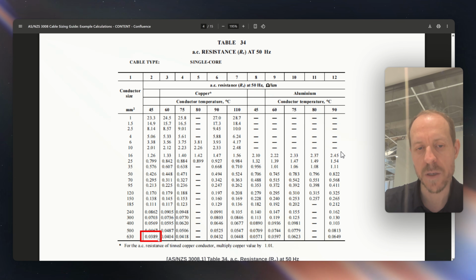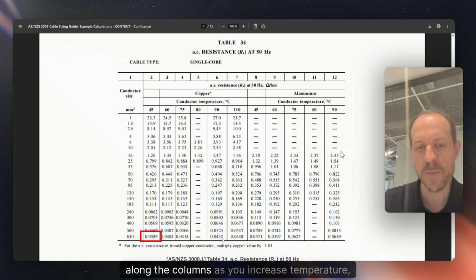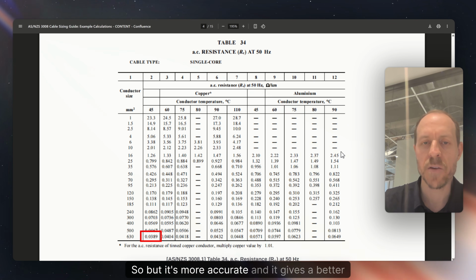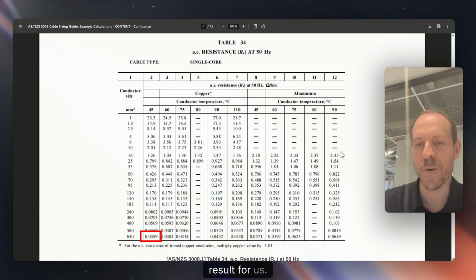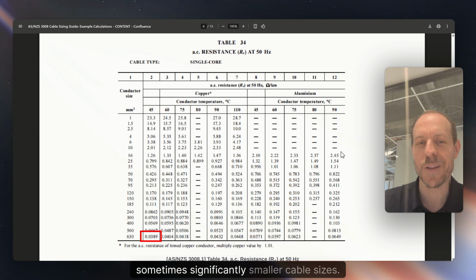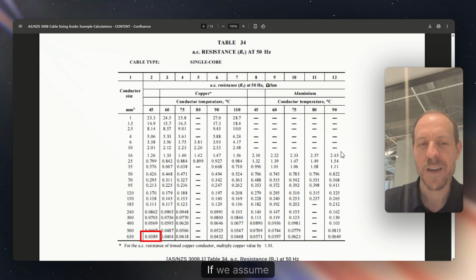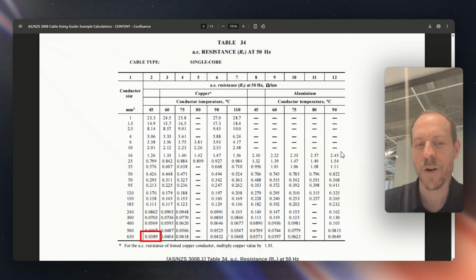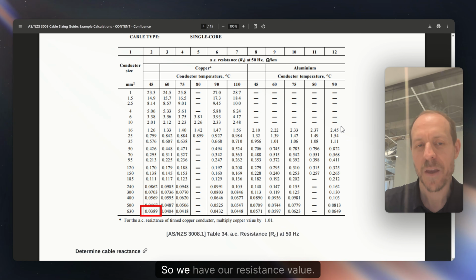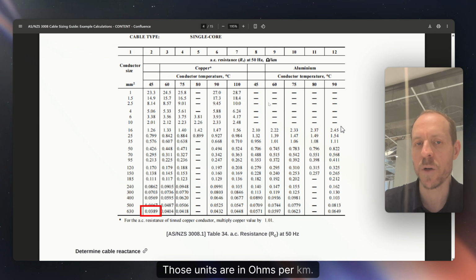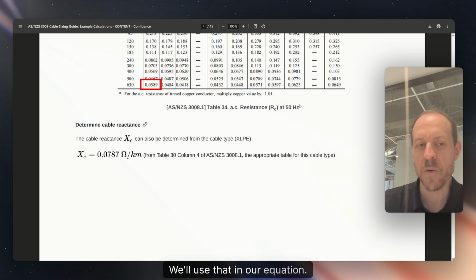But you'll notice along the columns, as you increase temperature, resistance does increase. It's more accurate and it gives a better result for us. It results in slightly smaller, well, sometimes significantly smaller cable sizes if we assume the resistance at operating temperature for our voltage drop calculation. So we have our resistance value. Those units are in ohms per kilometer. We'll use that in our equation.